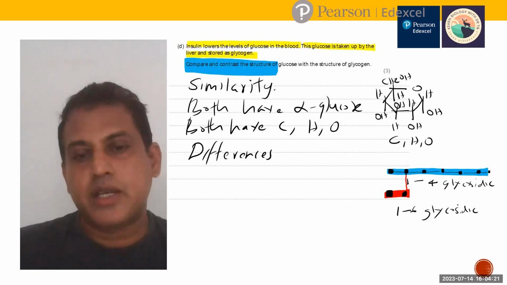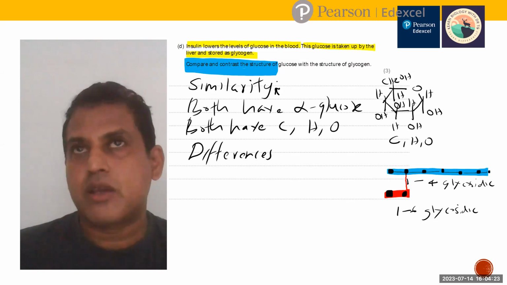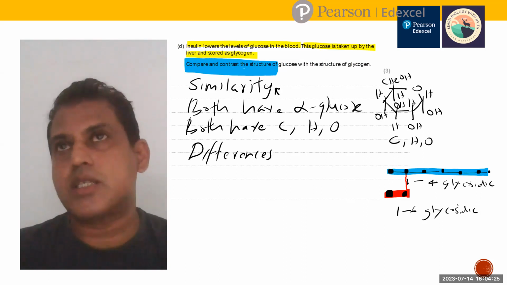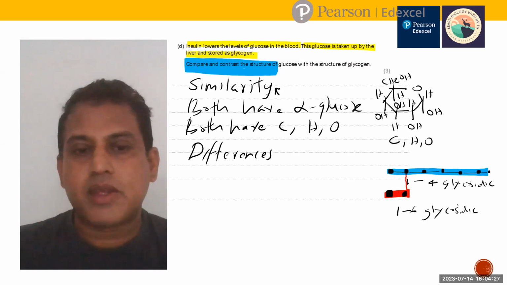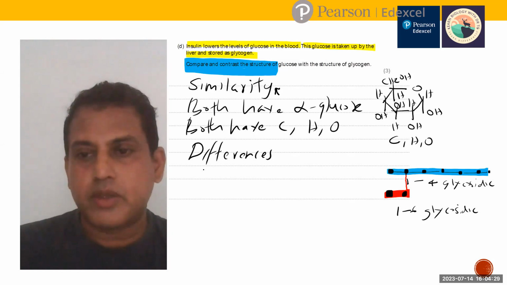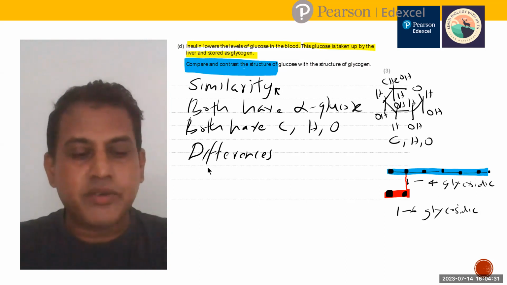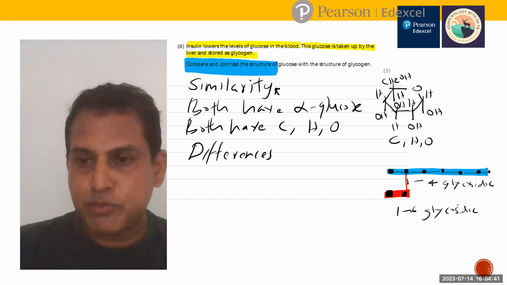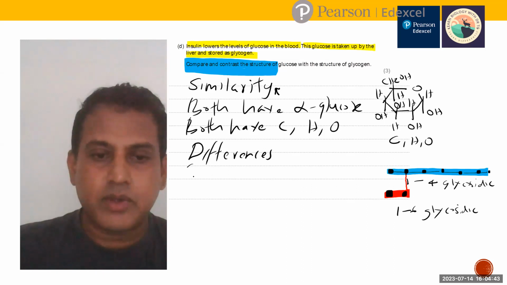So usually I like to write similarity first because the majority of questions have similarities. Differences. Now when it comes to differences, it's very clear. Glucose is a monomer, glycogen is a polymer. So this monomer is a monosaccharide.